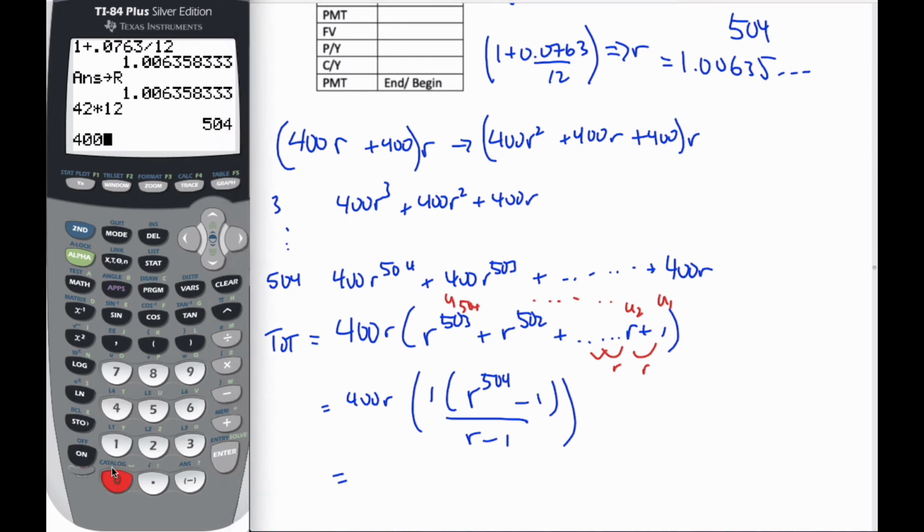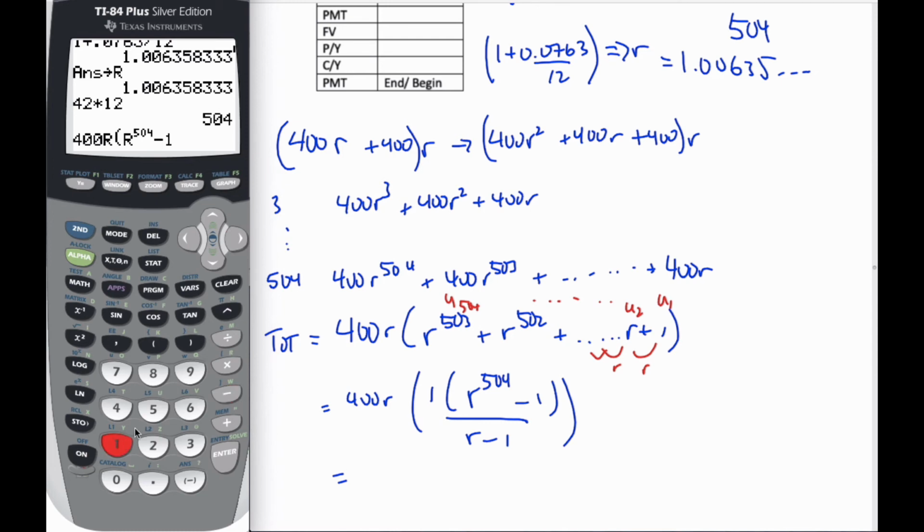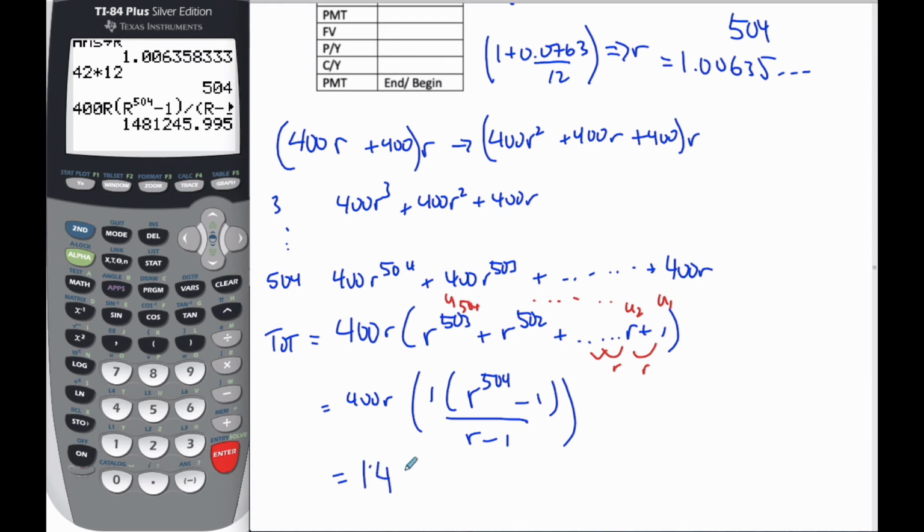So I get 400 times R times R to the 504 minus 1, divided by R minus 1, and I hit enter, and Maddie will have 1,481,245,6... She will have $1.4 million in her investment.